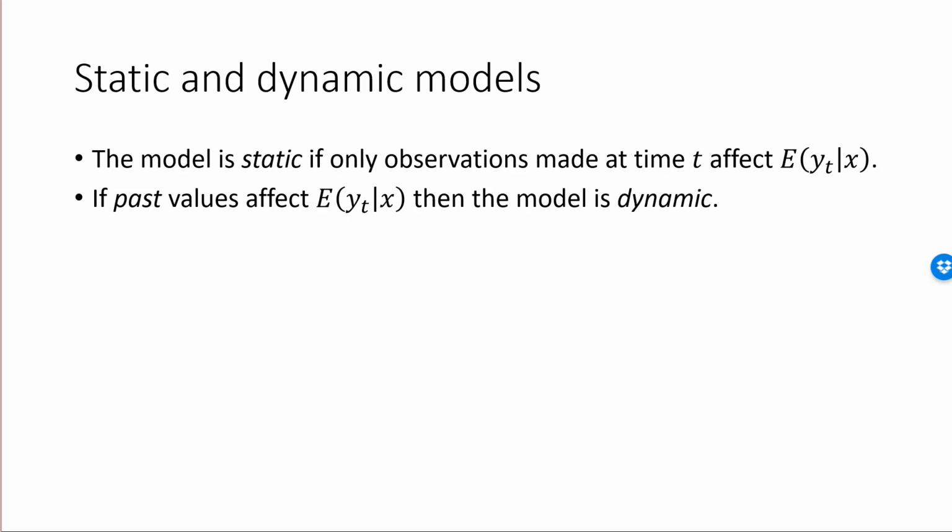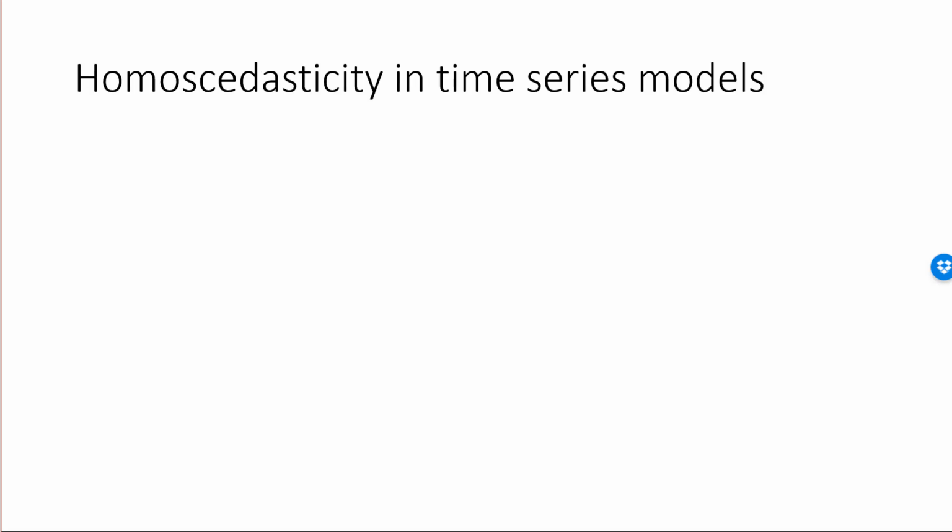Alright, so we talked about the exogeneity assumption in terms of time series models, and it's just a slight modification here. Just change the conditioning from xt to all of x. Actually, going further with the homoscedasticity assumption in time series models, the change is very similar. Remember, in cross-sectional data, we said that the error term was homoscedastic if the variance of the error term for observation i, conditionally on xi, was constant.